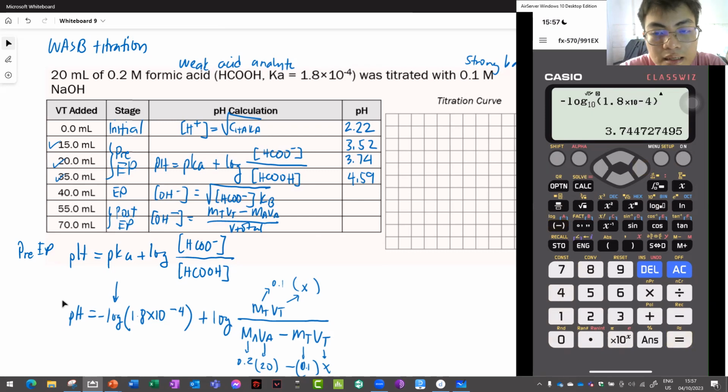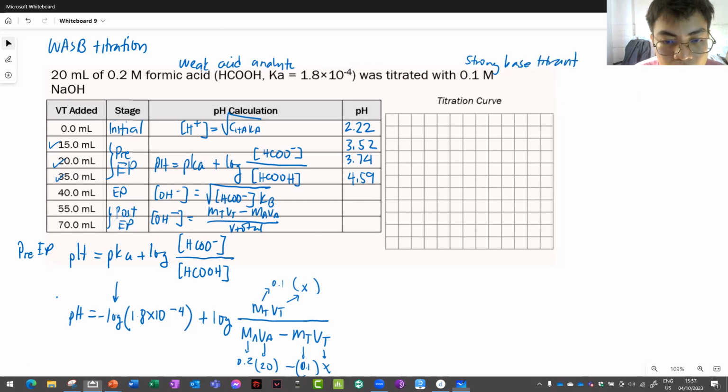So, ito pKa. Ano napansin nyo? Is there a point in your titration curve where the pH is equal to the pKa? Yes, no? And that is yung 20 ml, no? Okay. So at 20 ml, pH is equal to pKa.